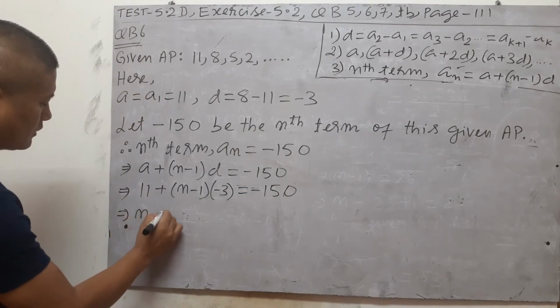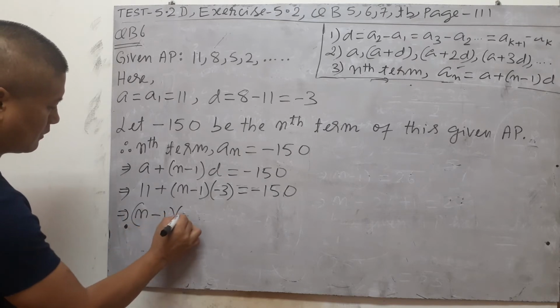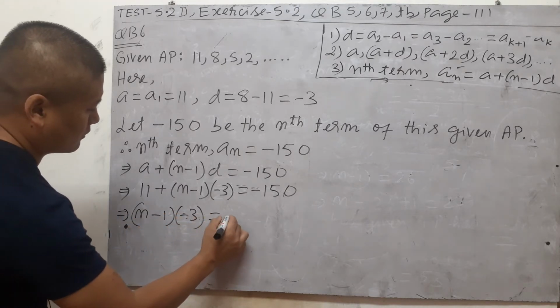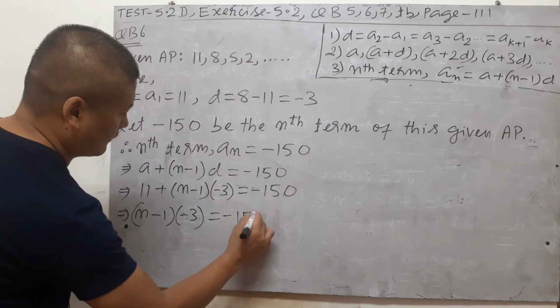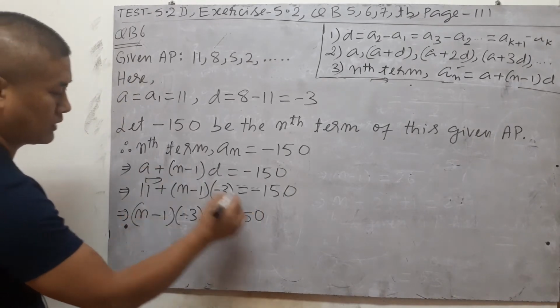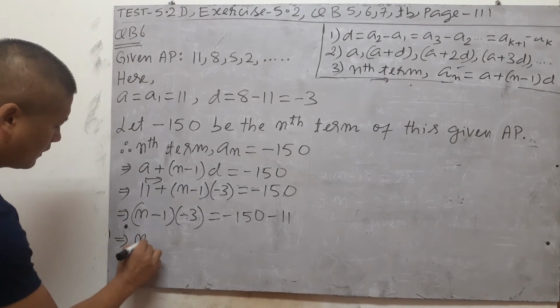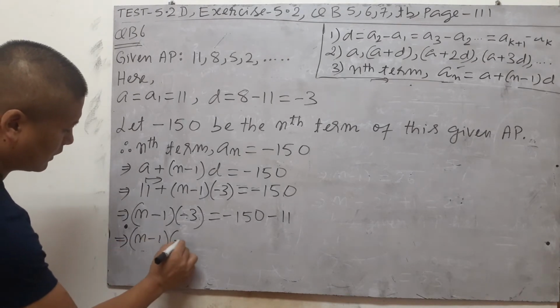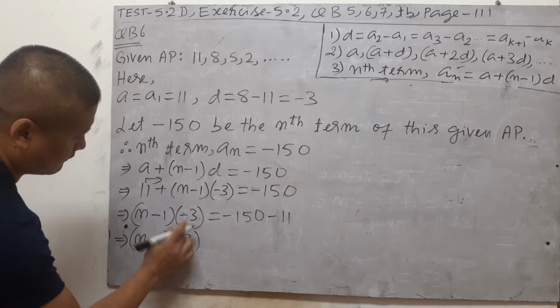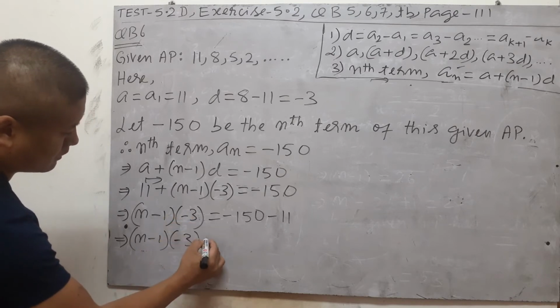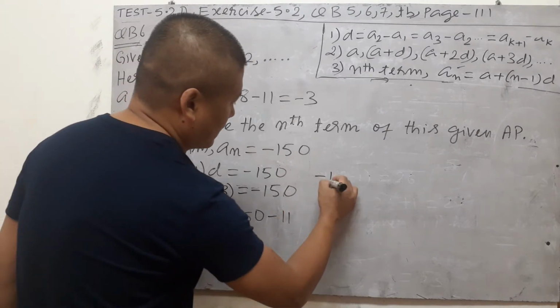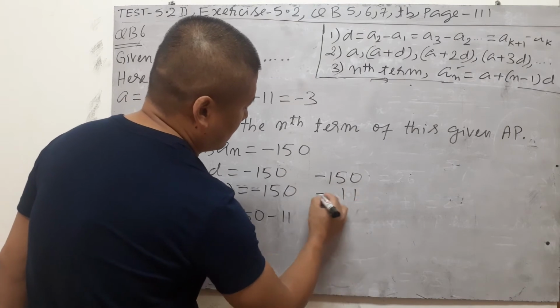So n minus 1 into minus 3 is equal to minus 150, and shifting this plus 11 to the right side, it becomes minus 11. So n minus 1 into minus 3 will be equal to minus 150 minus 11.